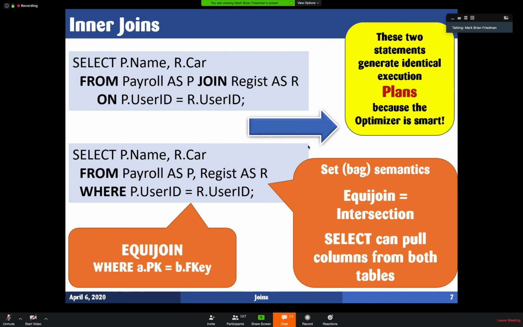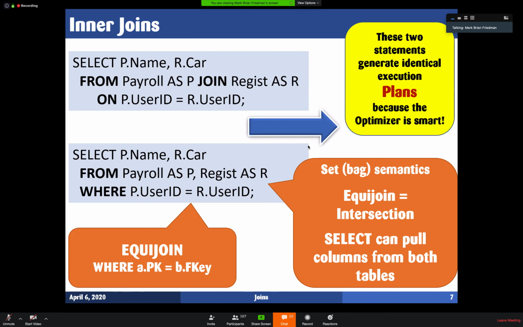The optimizer has information about indexes on the tables and basically understands that this is a relationship, that this is a join, and it will in both cases generate the identical execution plan, because it determines that the plan it comes up with is the most efficient way to get the data back to you. So that's why they call it an optimizer.